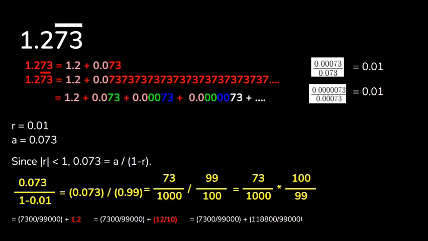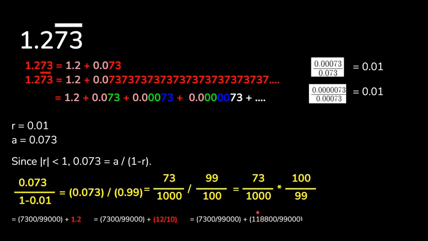Now we have to find a common denominator, and the common denominator between these is 99,000. So if you multiply 10 by 9,900, you get 99,000, and you multiply 12 by 9,900 to get 118,800.